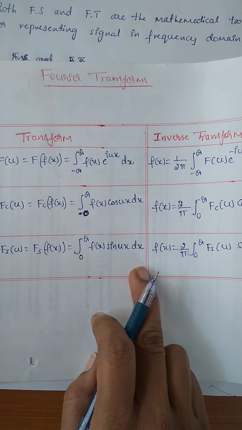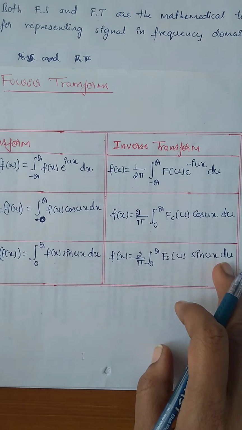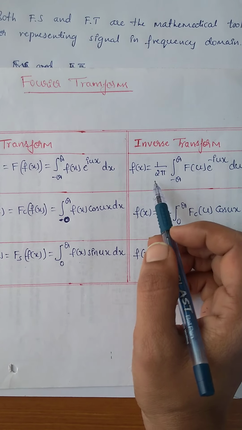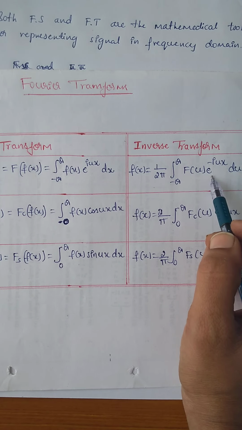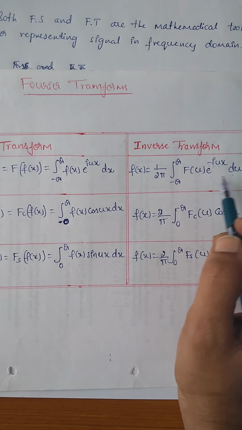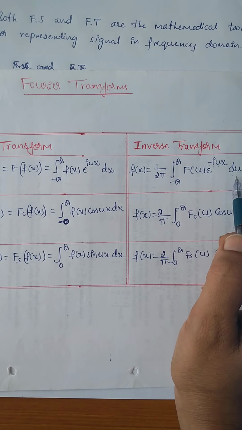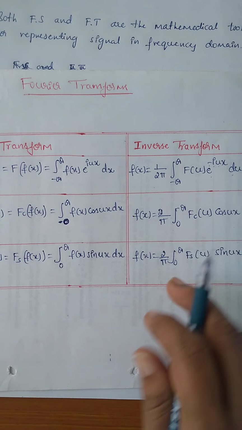Then the inverse Fourier transform we should take with respect to u integration. We defined the inverse Fourier transformation formula as 1 by 2 pi, minus infinity to infinity, F of u e to the power of minus iux du, with respect to u integration. In the same way we can define the inverse Fourier cosine transformation and the inverse Fourier sine transform.